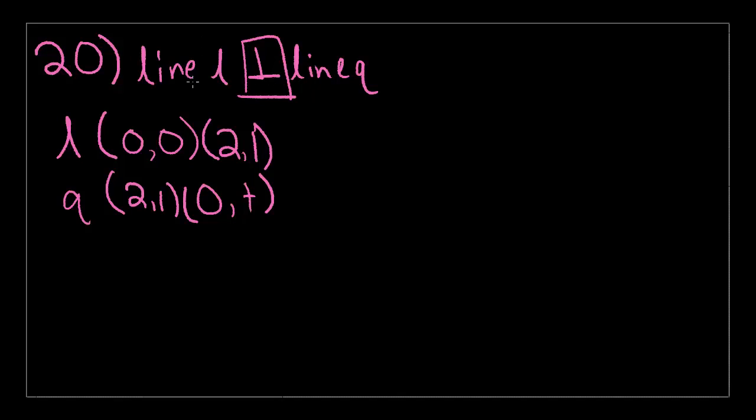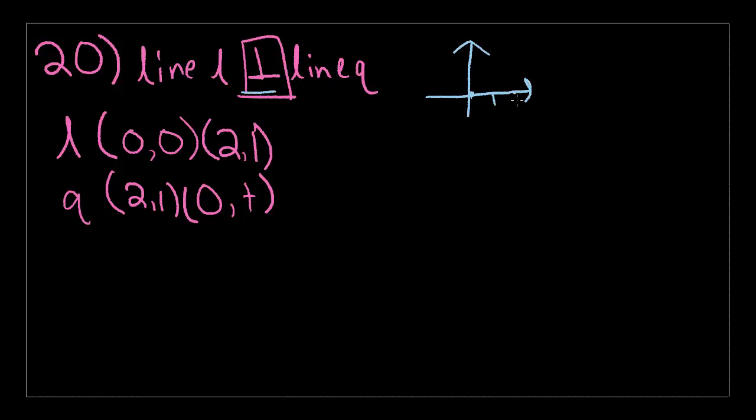So we know that these two lines are perpendicular because it's given. So what is the product of the slopes of any two lines that are perpendicular? Well, let's test that out very quickly, just to give you a reminder of what we're doing.